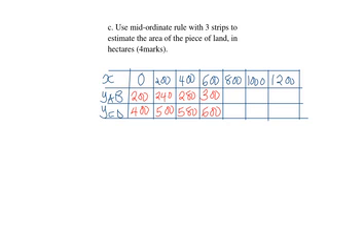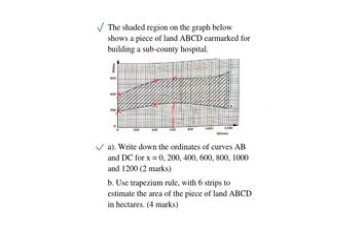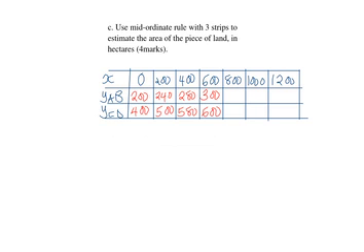Now we go to when the value of x is 800. So 800 corresponds to, on AB we have 280, on CD we have 580. So we have 280, 580. Now we check when the value of x is equal to 1000.